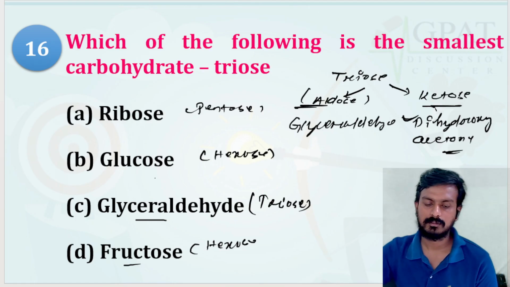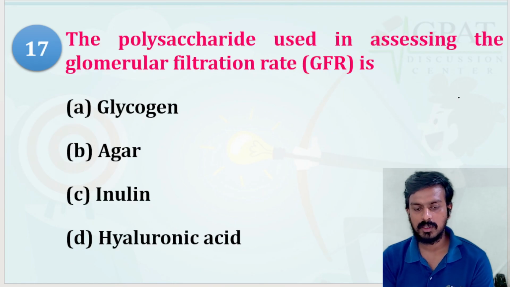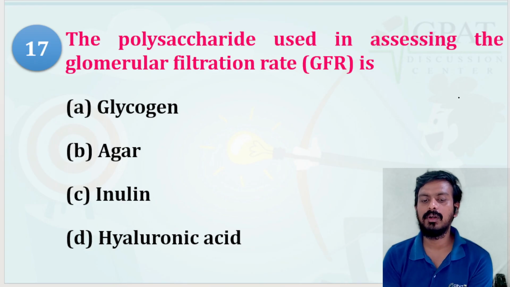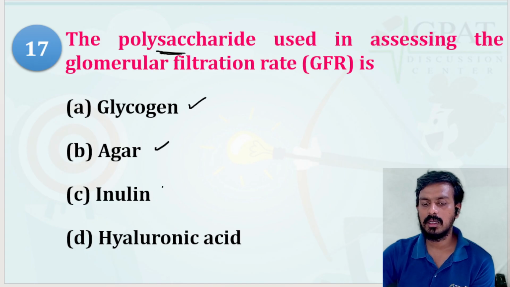Next question. The polysaccharide used in assessing the glomerular filtration rate is glycogen, agar, inulin, or hyaluronic acid. Which of the following is used for assessment of GFR?